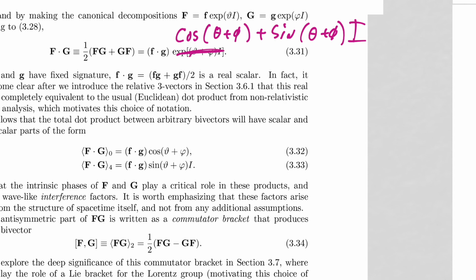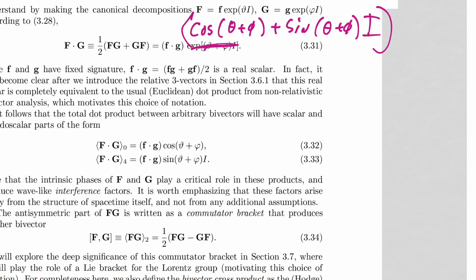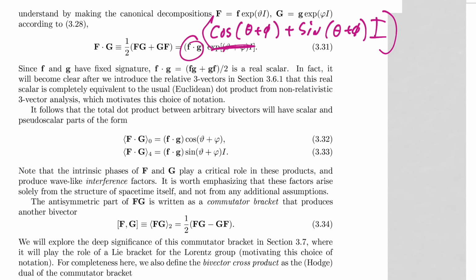That's a literal substitution, right? And it's clear that since this is a real number, right, because those are two time-like bivectors, and it's the symmetric sum.